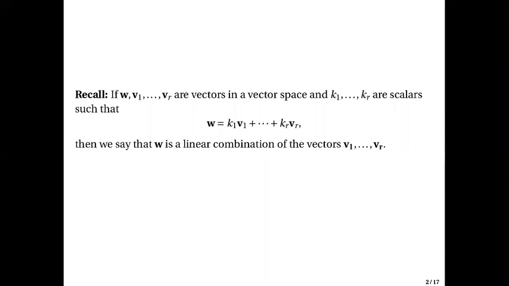As I recall, if W, V1, V2 until Vr are vectors in a vector space, and K1, K2 until Kr are scalars such that W equals K1 V1 plus K2 V2 plus until Kr Vr, then we say this W is a linear combination of the vectors V1, V2 until Vr.